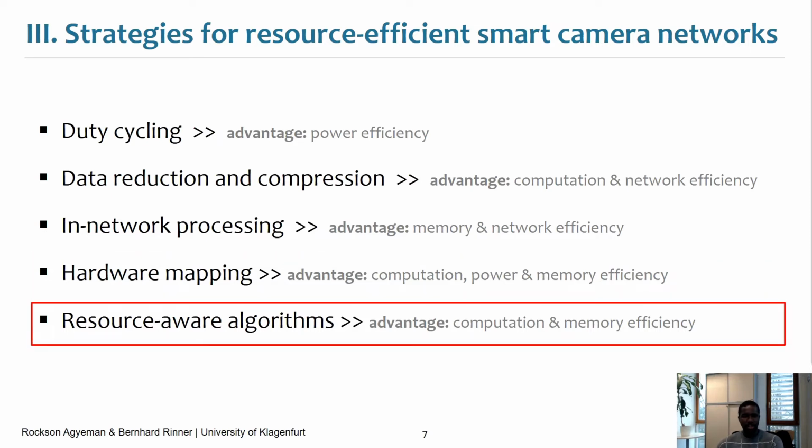Last but not the least, let's look at the development of resource-aware algorithms. Machine learning algorithms, in particular deep learning, are nowadays used in numerous camera network applications. Although these applications are superior to their native counterparts, they typically require resources beyond what most embedded devices can support. Two strategies for promoting resource efficiency are 1. Model size reduction, and 2.